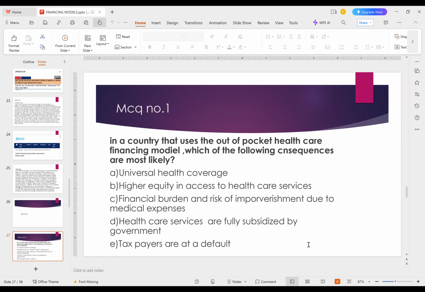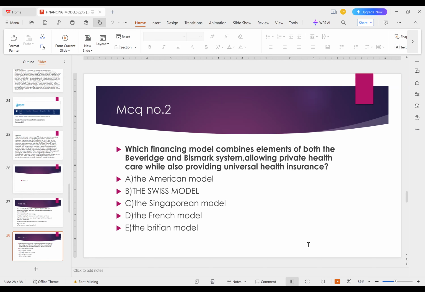A, universal health coverage, B, higher equity in access to healthcare services, C, financial burden and risk of impoverishment due to medical expenses, D, healthcare services are fully subsidized by government, or E, taxpayers are at a default. What could be the answer? The correct choice is C, financial burden and risk of impoverishment due to medical expenses.